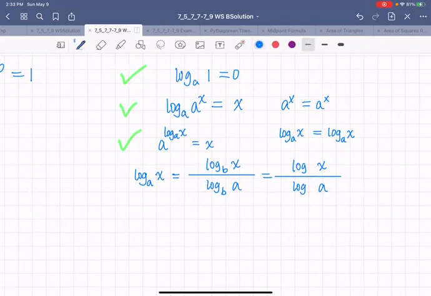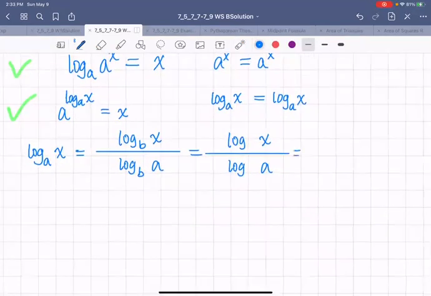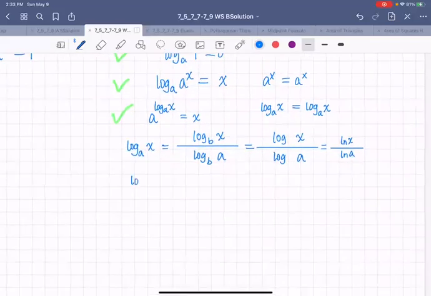You say, teacher, can I use natural log? Of course, you can do it. You can do ln x over ln a. Okay? You see, really? I don't believe it. For example, can I say log base 2 of x equals ln x over ln 2? Is this really true?